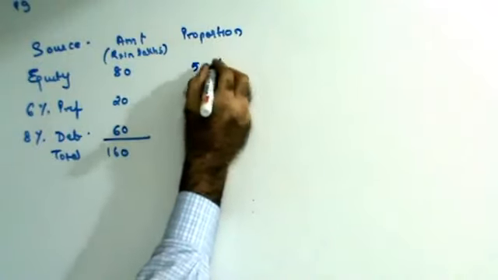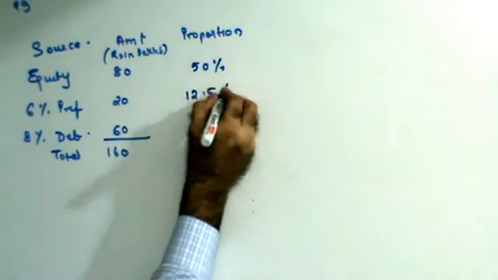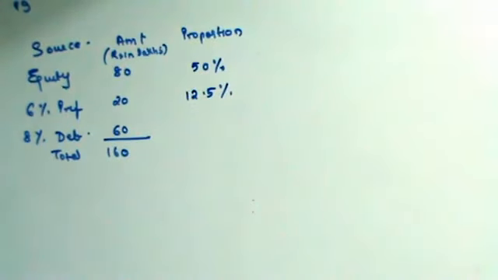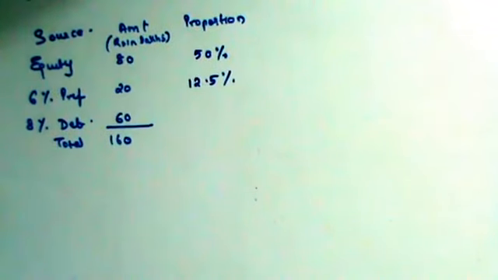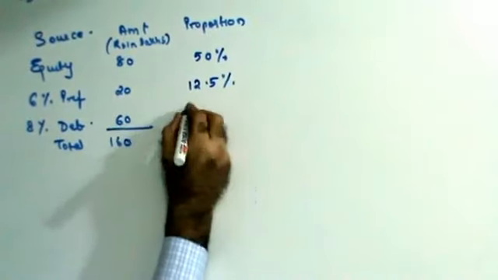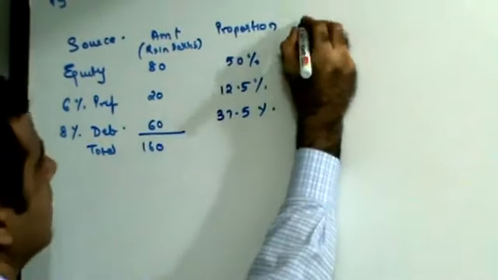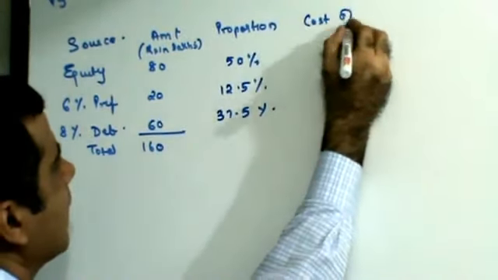That's 50%, right? 6% preference shares is 20 lakhs divided by 160 lakhs, which is going to be 12.5%, and 8% debentures is 60 lakhs divided by 160 lakhs, which is going to be 37.5%, right? So first thing that you do is find out proportion, then you find out cost of capital.